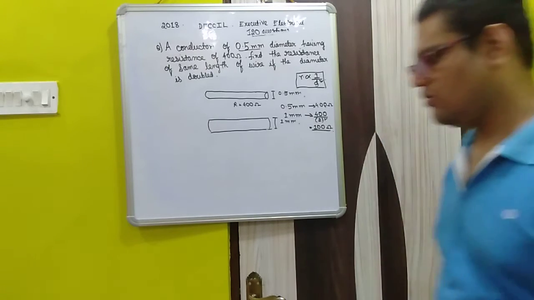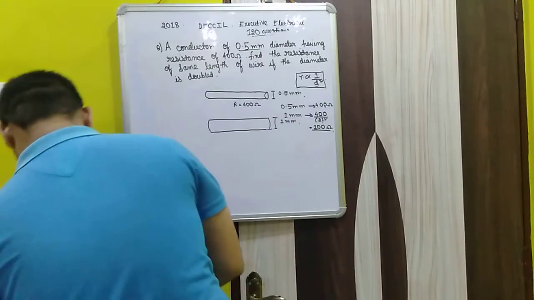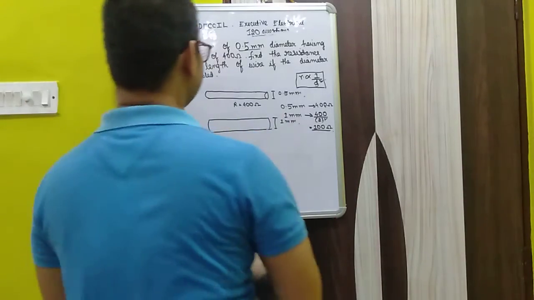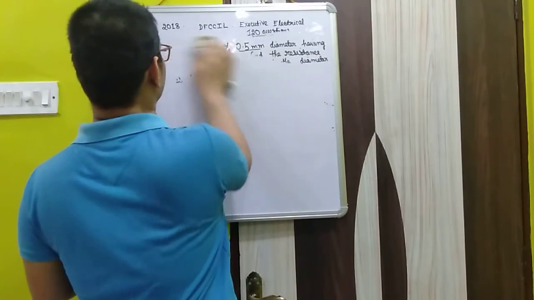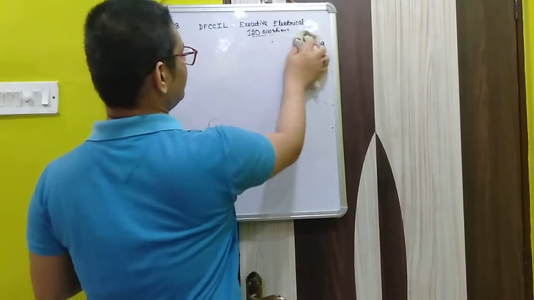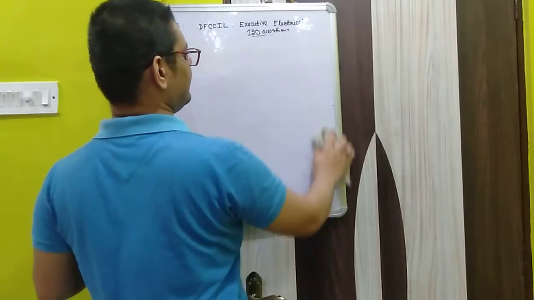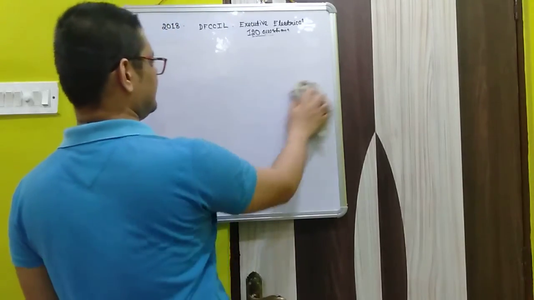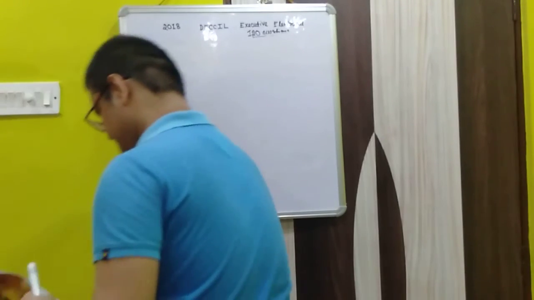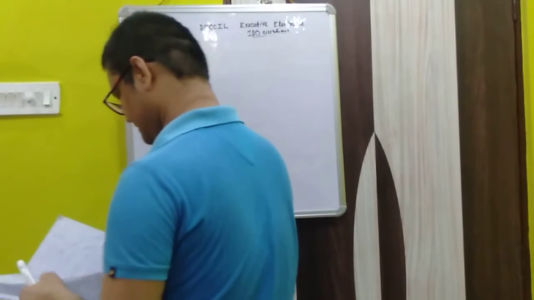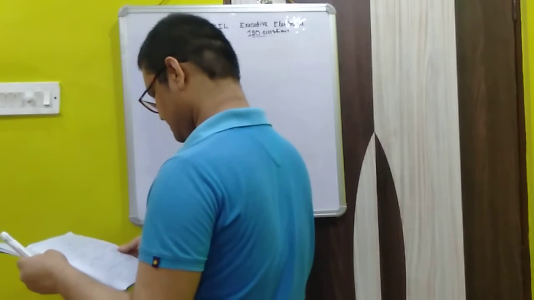So now we go to the next question. I hope it is clear how we are calculating each analysis problem of the circuit theory. Now we are going to approach with the next numericals given in the examination point of view.